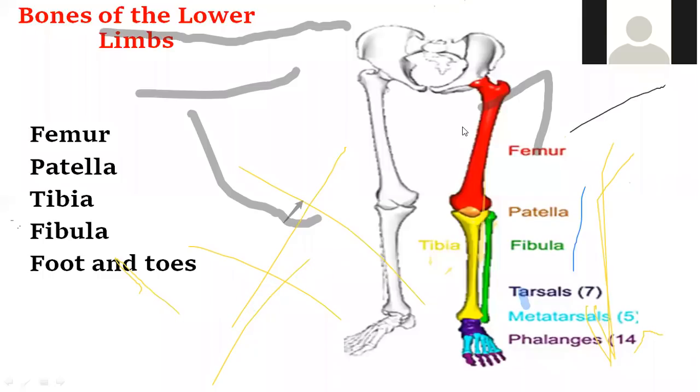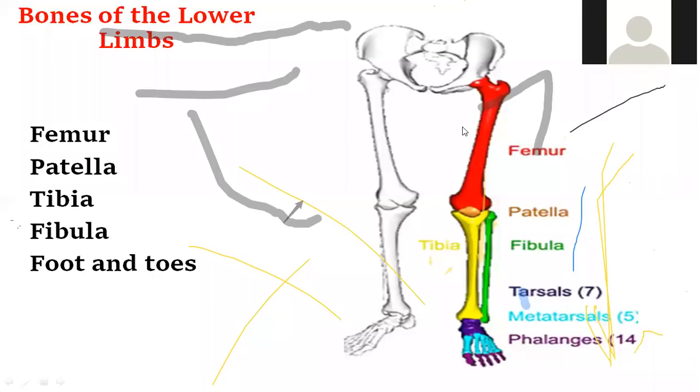Now, on the posterior side, the proximal tibia has the curved line, and the bony expansion on the medial side of the distal tibia is the medial malleolus. The groove on the lateral side of the distal tibia is the fibular notch.